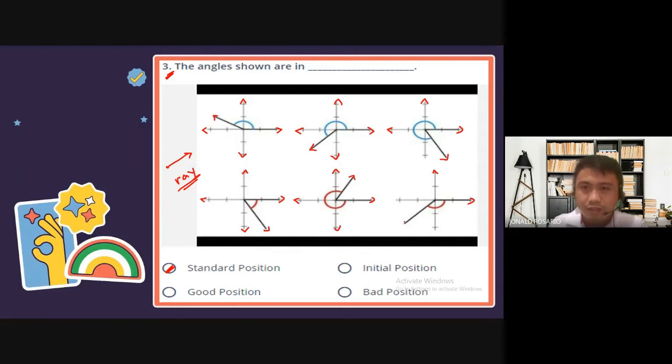Okay. So, lahat sila ay nakalagay sa standard position kasi mayroon tayong tinatawag na initial side, at itong last, we have the terminal side.